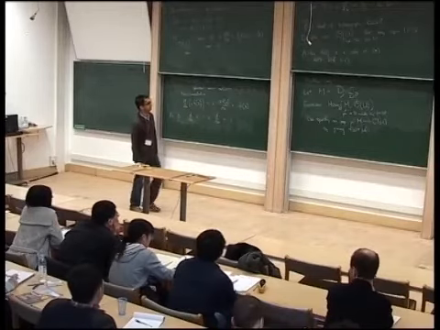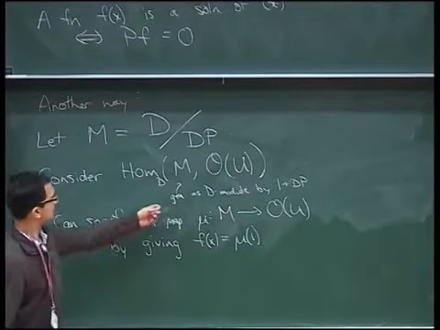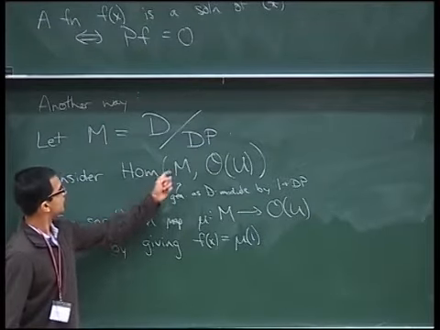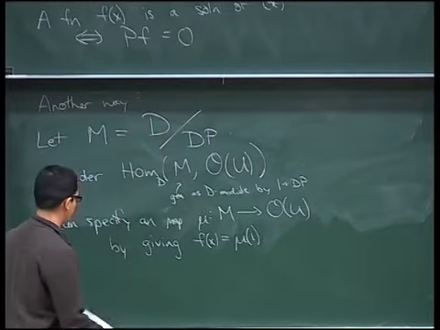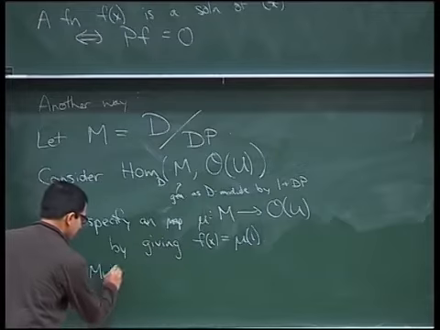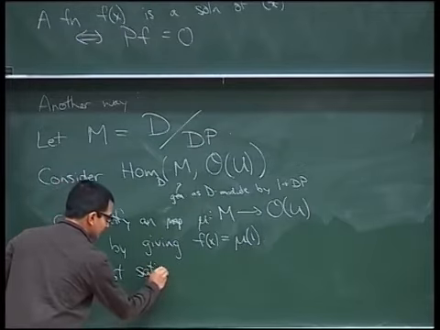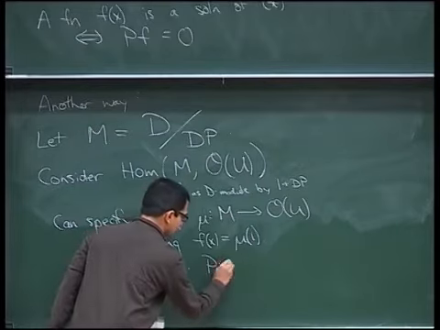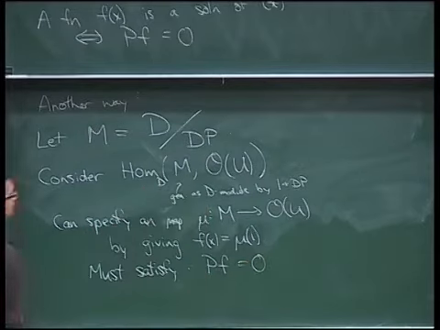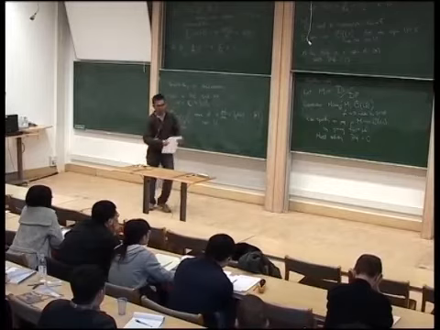And I can't just give you any function. That function is subject to a constraint because the element 1 in M is killed by left multiplying by P. So it has to satisfy the condition that Pf equals 0.